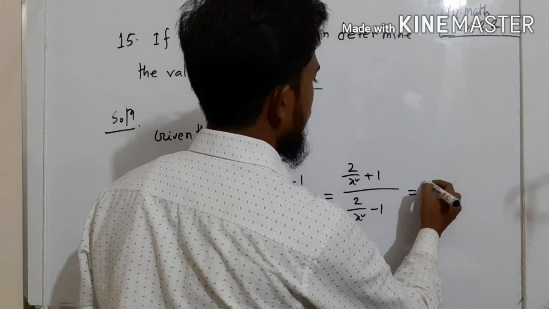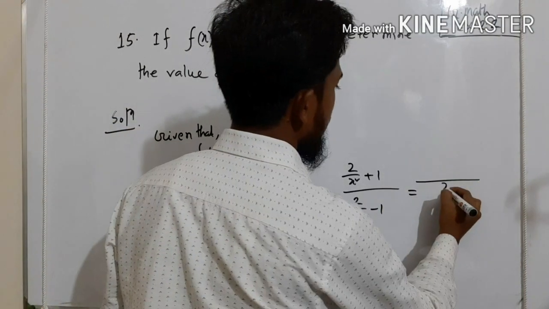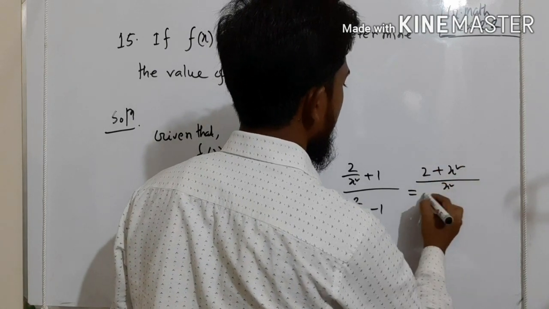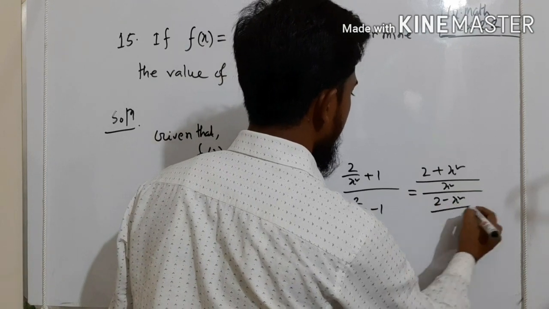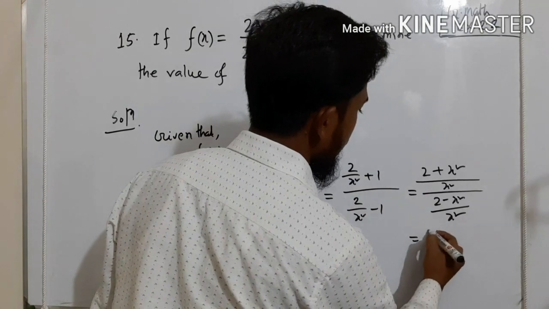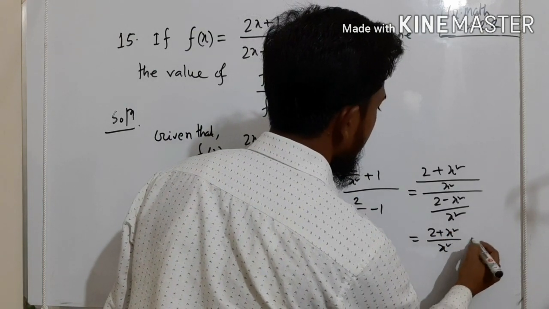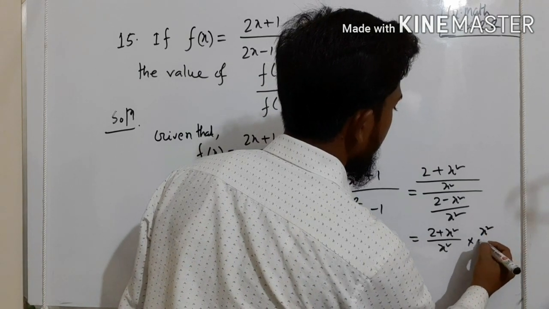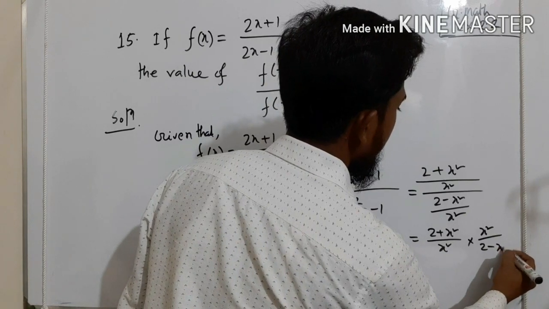This equals, taking the least common multiple x square, (2 plus x square) divided by (2 minus x square) by x square. So (2 plus x square) divided by x square into x square divided by (2 minus x square).